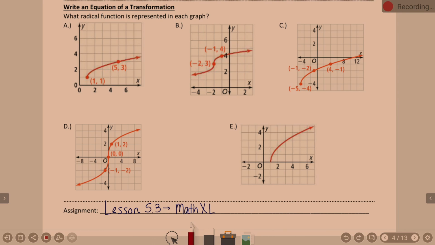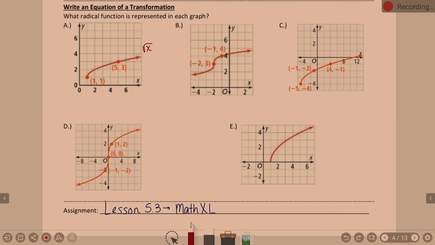Let's start with details. Okay? What are key pieces of information we need to know to write an equation for example A as we look at this graph? Is that a square root graph? Okay. Probably helps to recognize what kind of graph this is. Can we agree that this is a square root graph? Half of a sideways parabola.